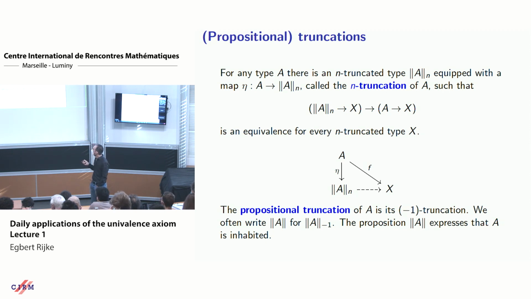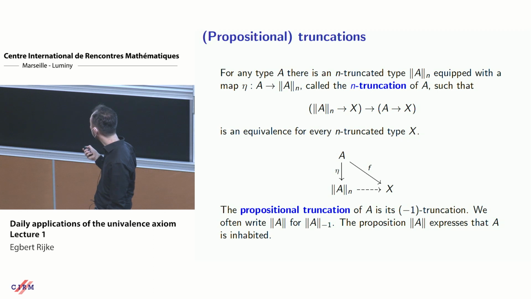So the important special case is the propositional truncation, which is the -1 truncation, because propositions are the -1 truncated types. And this case is so important that we drop the -1 from the notation and simply write double bars around A, without any number.